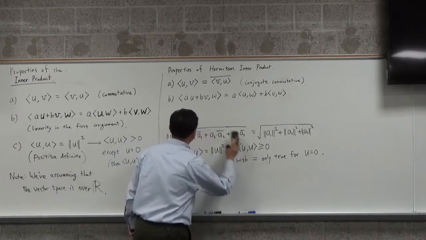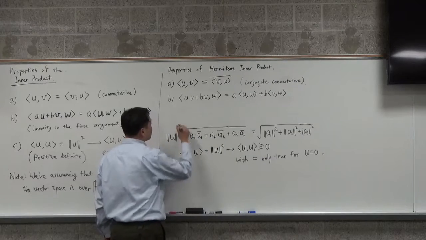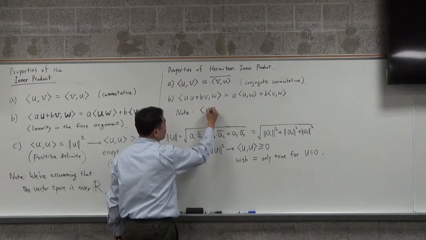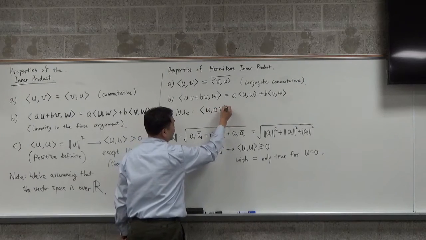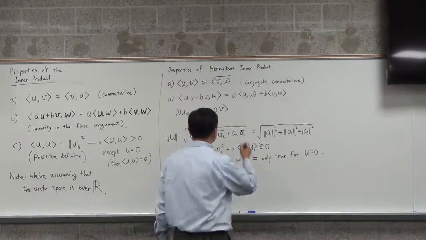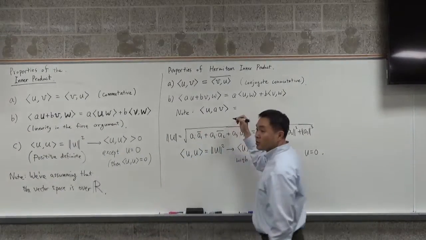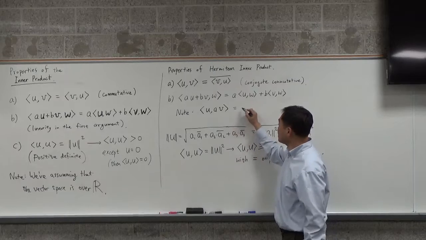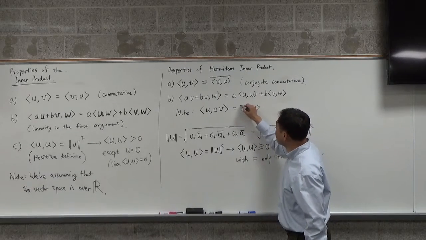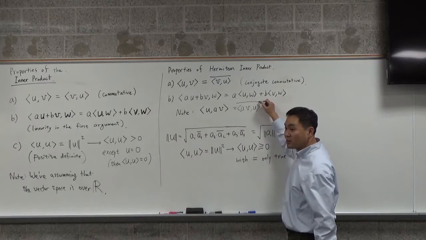maybe I should write this as a note. Note, let's say you have u times AV, where A is a complex number, okay? Then you can switch this around, put A here, AV here, and then U, and that's going to introduce a bar, right?